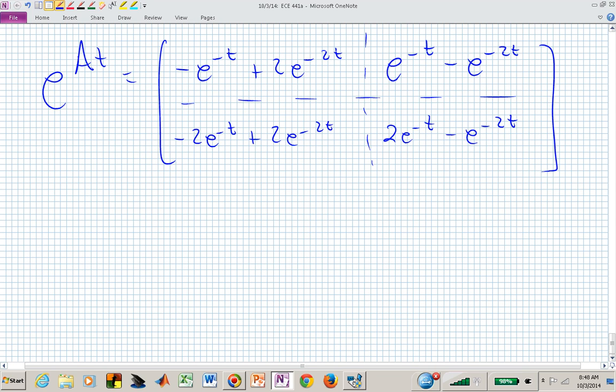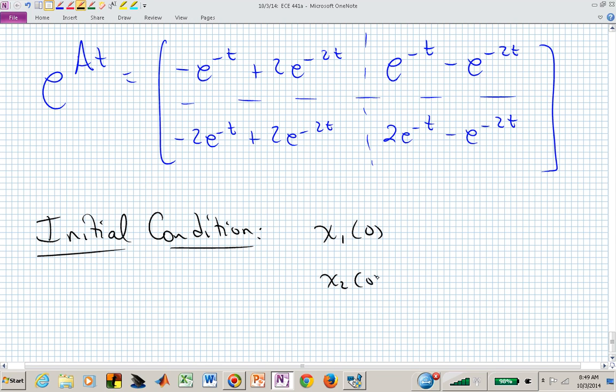Now, what's that give to us? Well, if somebody now gives you an initial condition, you now know exactly how that initial condition is going to propagate through your system, especially if you don't excite it with the external input.